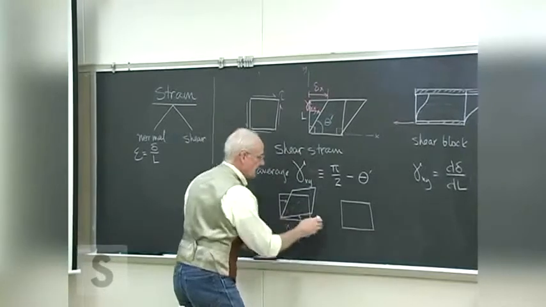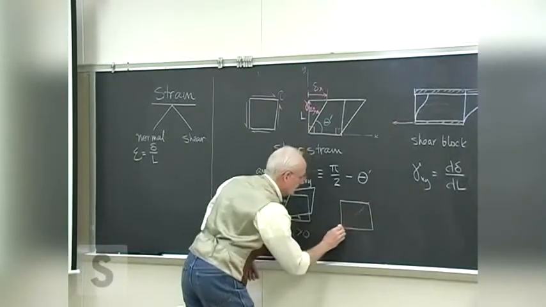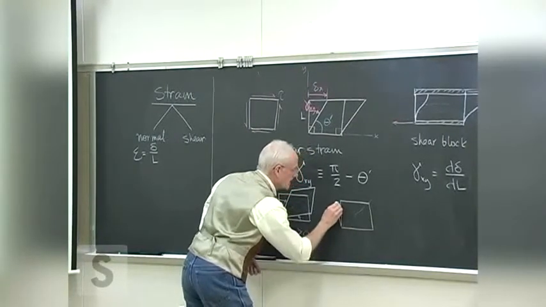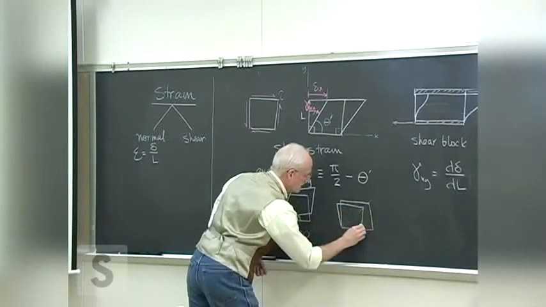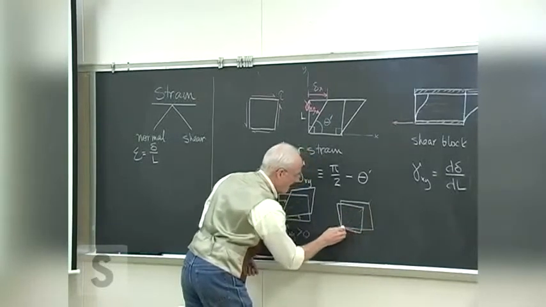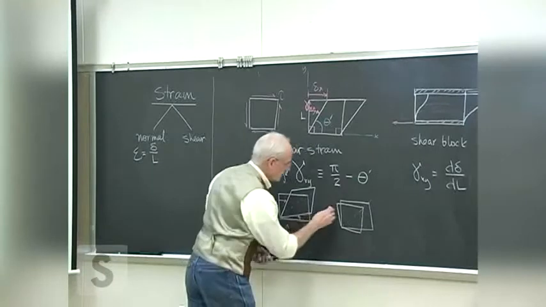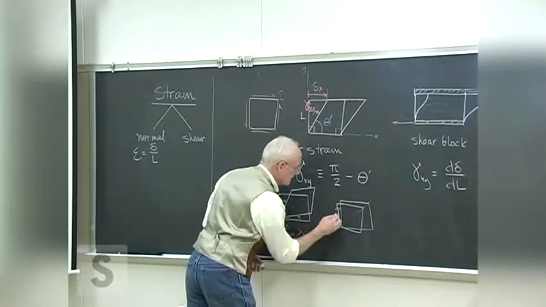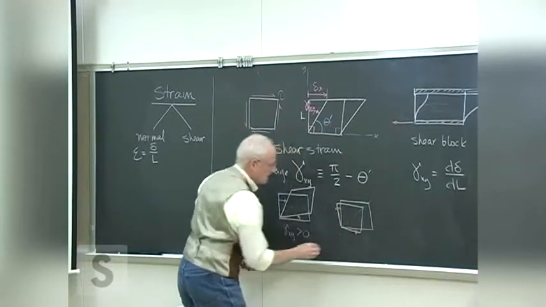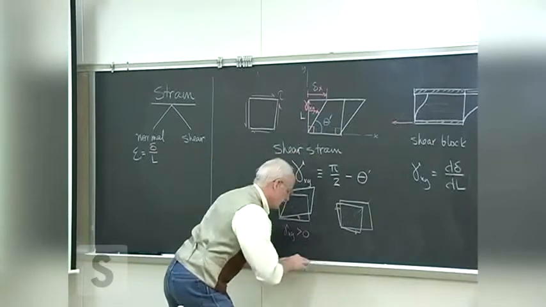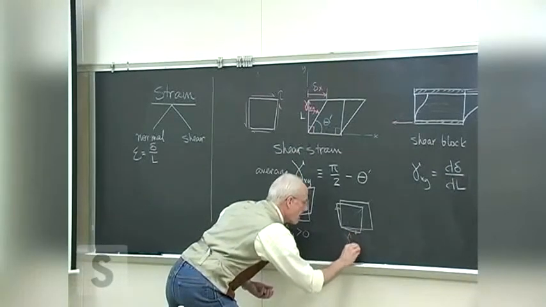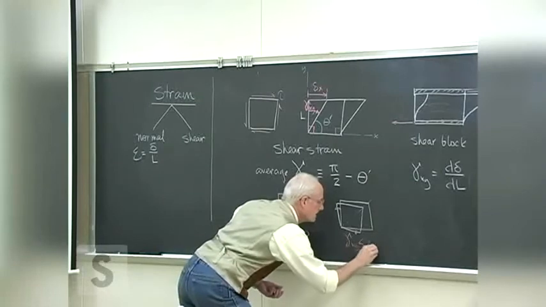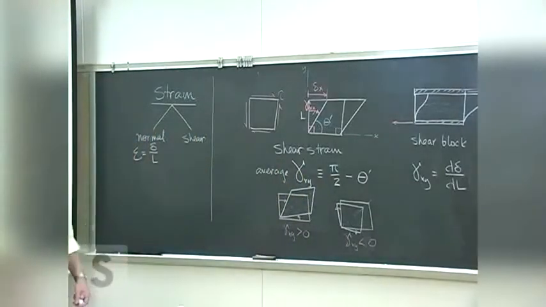And if instead of getting narrower, it got fatter. Gee whiz, this is hard. So now we're deflecting that way. That's an example of negative strain.